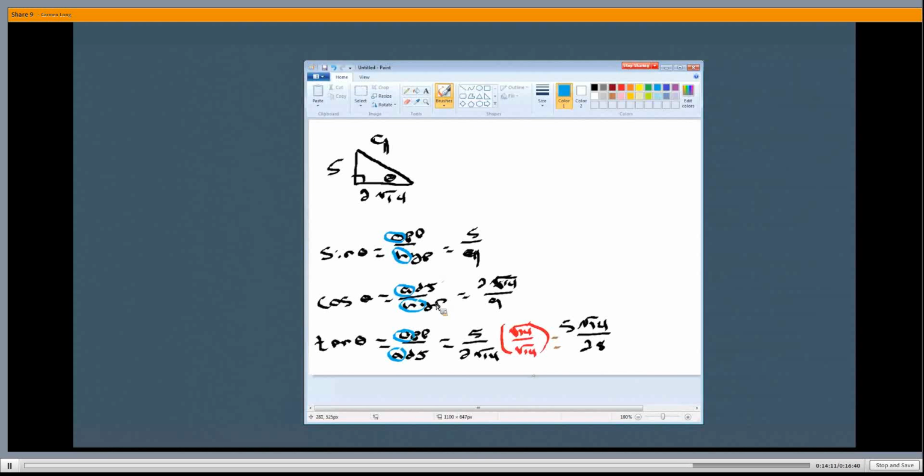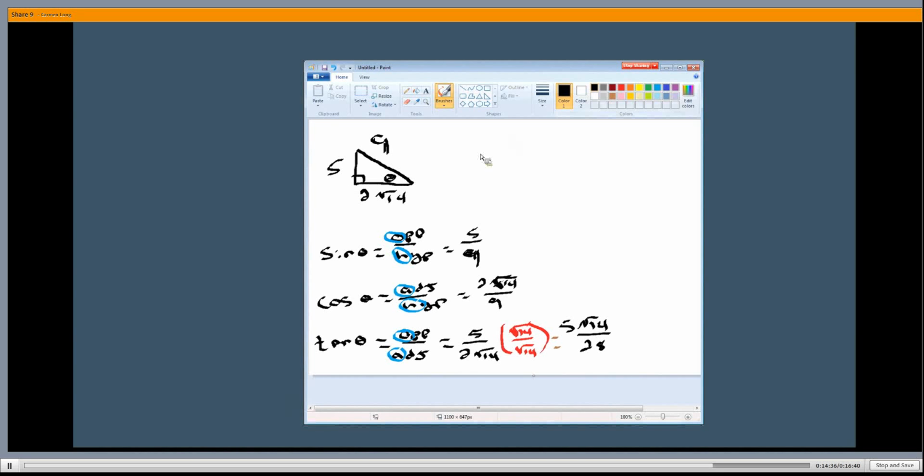I remember that acronym, and that helps me to remember opposite over hypotenuse, adjacent over hypotenuse, opposite over adjacent. And I know it's sine, cosine, tangent. So that's just how I do it. You could also use another one with ants or apples, or I don't remember it, but come up with an acronym that makes sense to you.